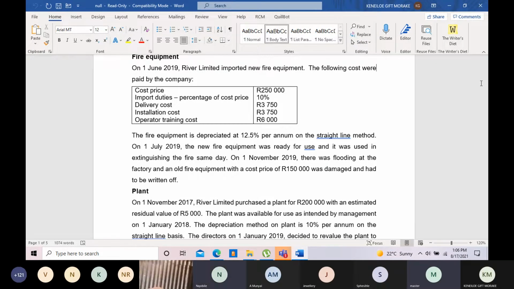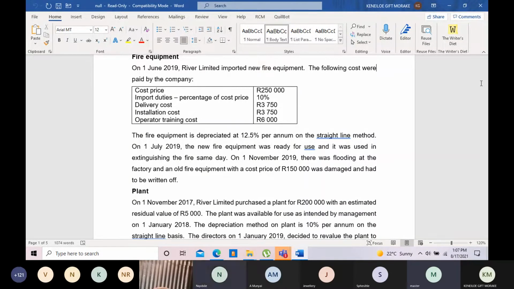We need to combine all the other costs and add them on top of this 250,000, which is the main cost. I mean to say to you, we have to take the 250 plus 3,750 as well for installation cost. And also we have to add the 10%, which is for import duties. Remember last time we calculated the import duties. We got how much?